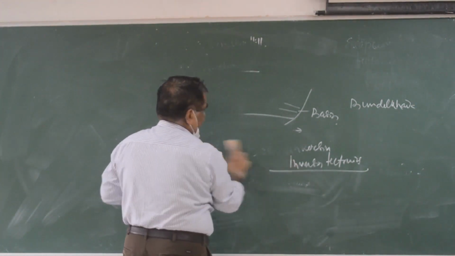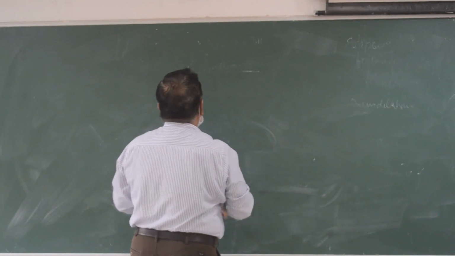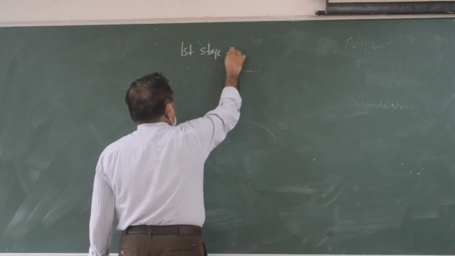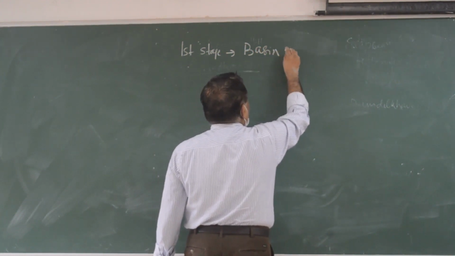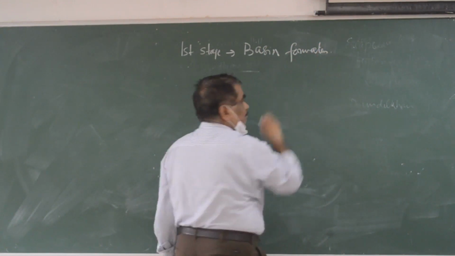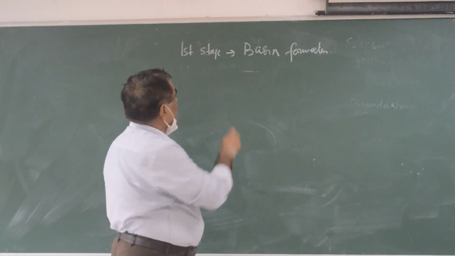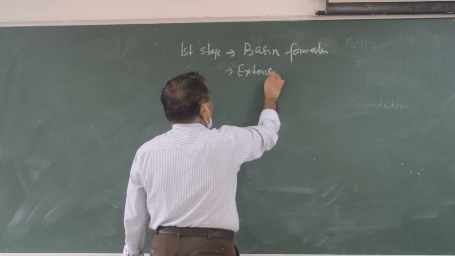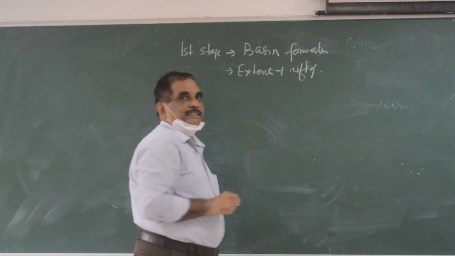Now you see, the first stage is the basin formation. This we have already discussed in the earlier classes. How does the basin formation take place? Basin formation takes place by extension and rifting. This is the first stage.